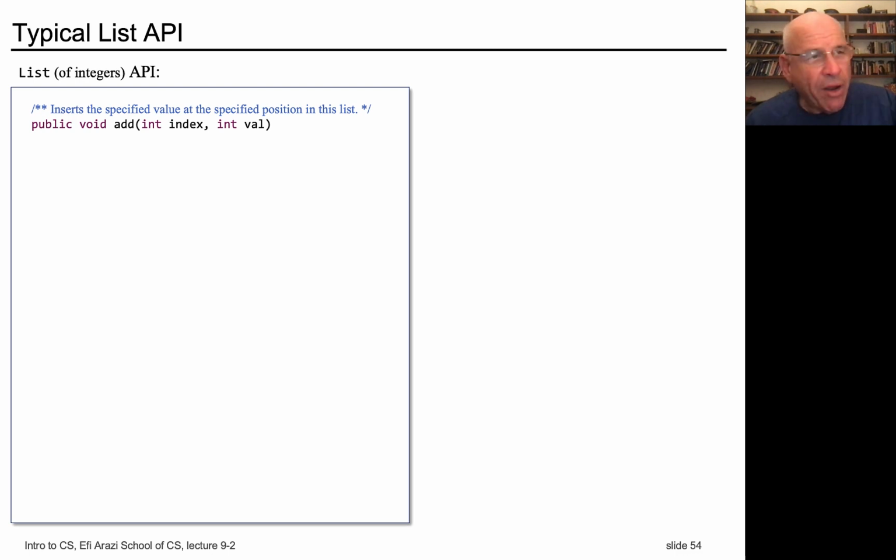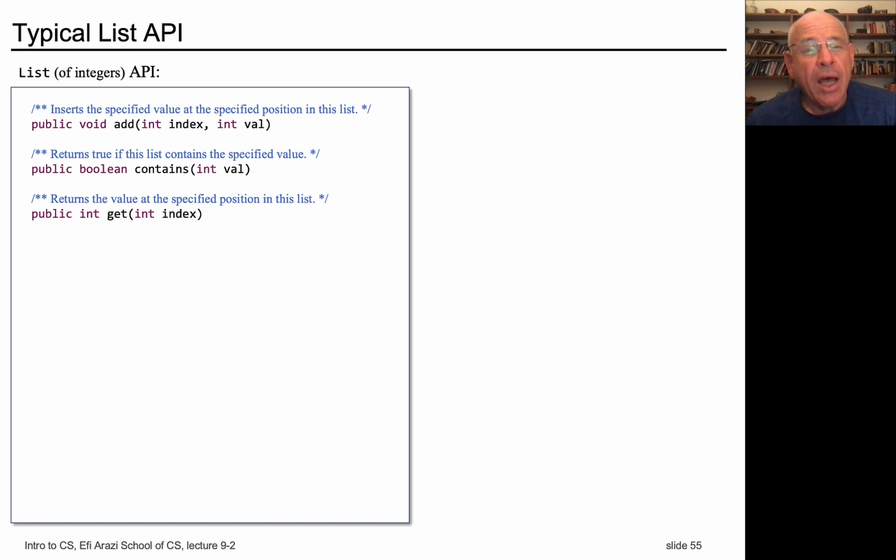So in addition to everything that we did, we also have many more methods, like adding a value in a particular index, in a particular location, which means that we have to make room. We have to play with the pointers in order to add this element in the middle somewhere. This useful method tells you if the list contains val, yes or no.